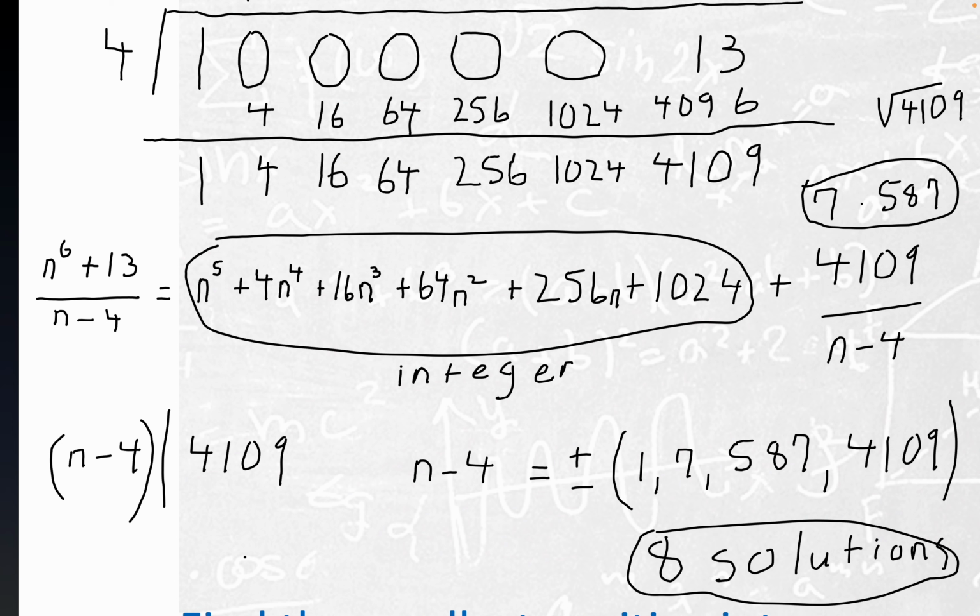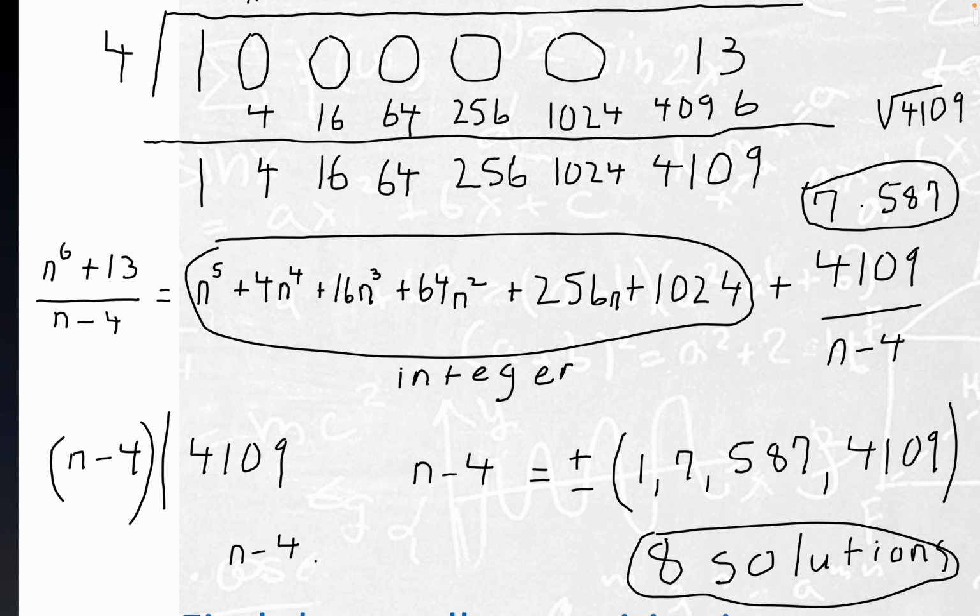Now just a concrete example. Again, this is unnecessary, but just to give you a little bit of faith: if n minus 4 was equal to 587, that would imply that n is equal to 591.